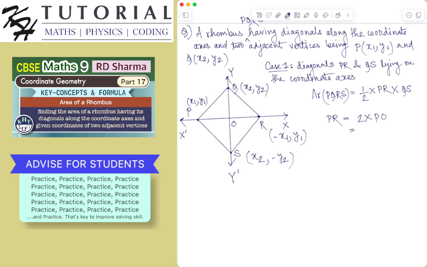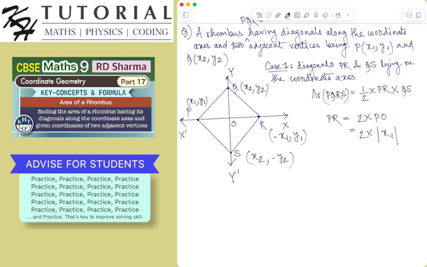The point P is lying on the x-axis, so the distance PO is nothing but the distance of the point P from the origin, which will be the absolute value of the abscissa of P, that is modulus of x1. So 2 times modulus of x1 will be the length of the diagonal PR.